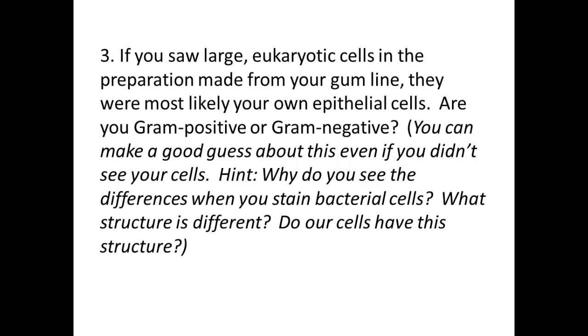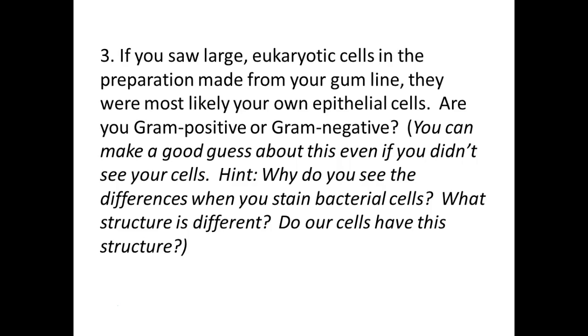If we were to stain eukaryotic cells, our own cells, first of all, do we have cell walls? No. And what's the special substance that differentiates the bacteria for the gram stain? What's their cell wall made out of? Peptidoglycan. Since we don't have cell walls or peptidoglycan, can we trap in the crystal violet iodine? No, we cannot.